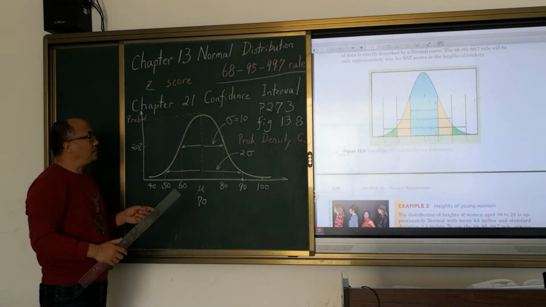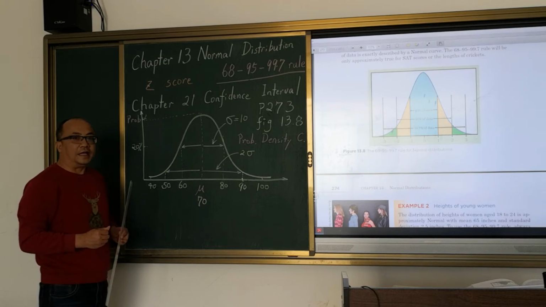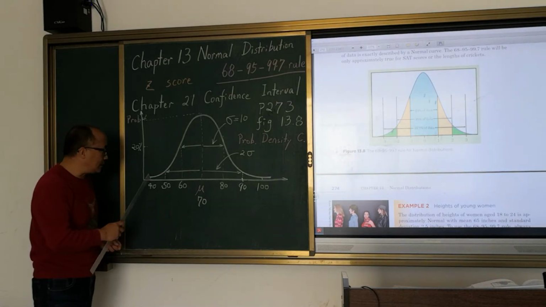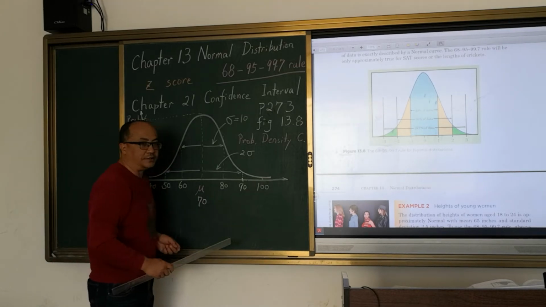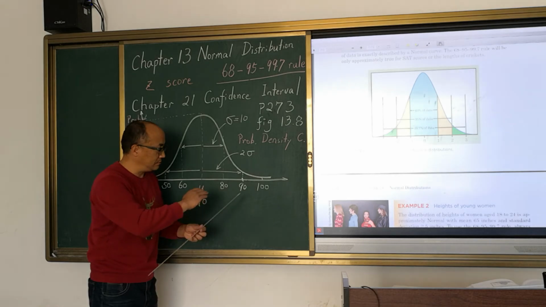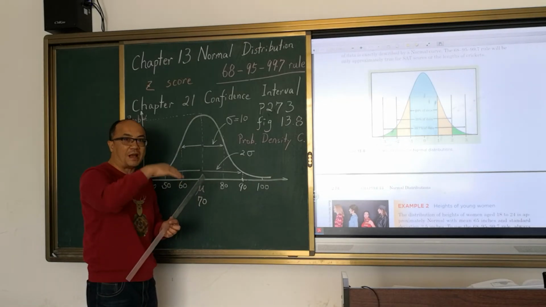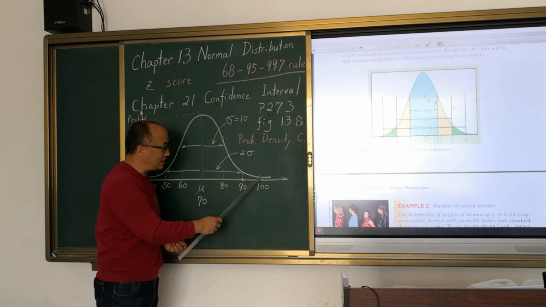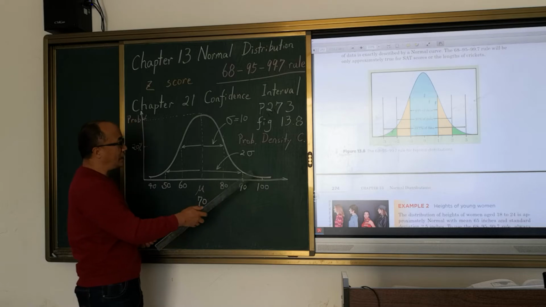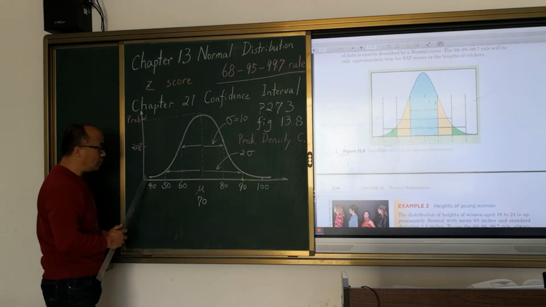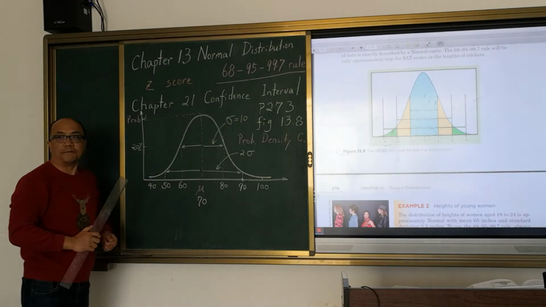So put it this way: a student whose score is lower than 40 or higher than 100, let's say 100 is not the maximum, has a chance of 0.3%.